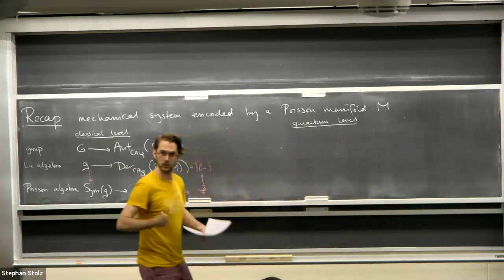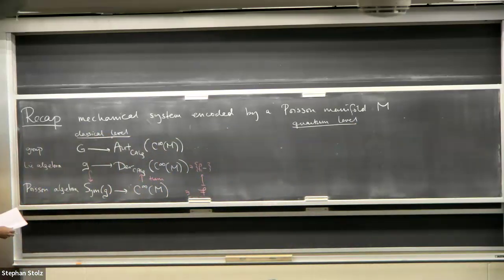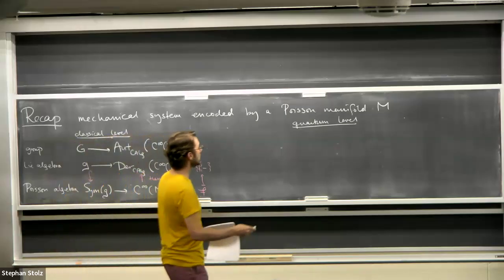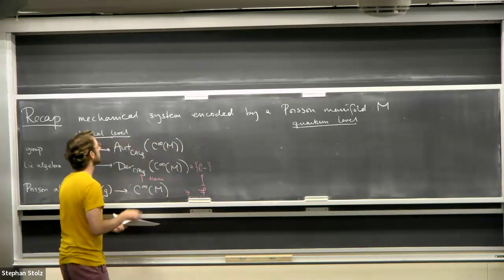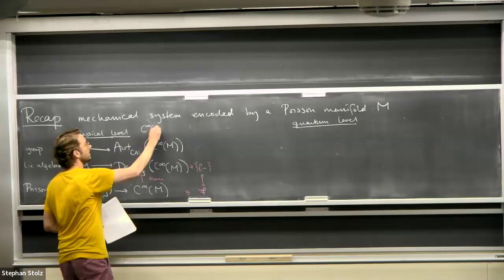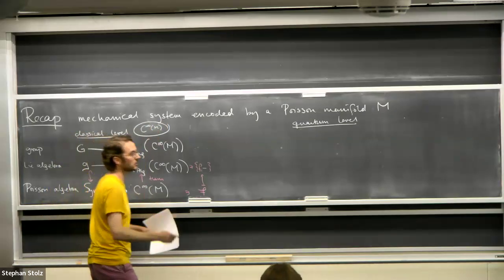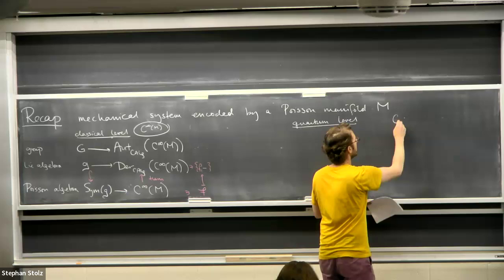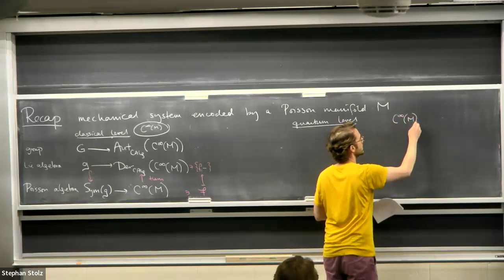where by quantum we chose to focus on the notion of deformation quantization. Over here we had C infinity of M as a Poisson algebra. Over here we maybe fixed a deformation quantization.